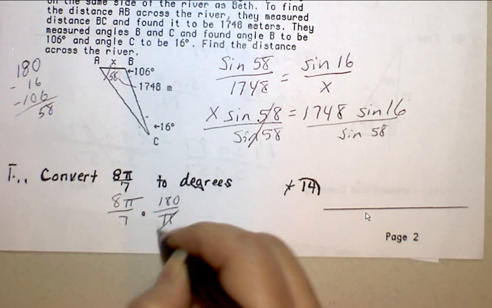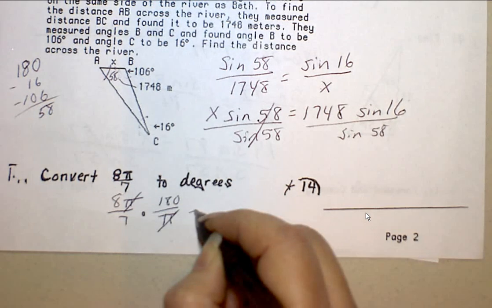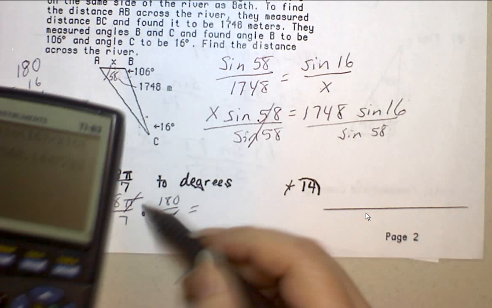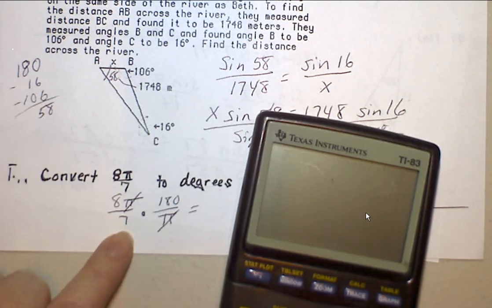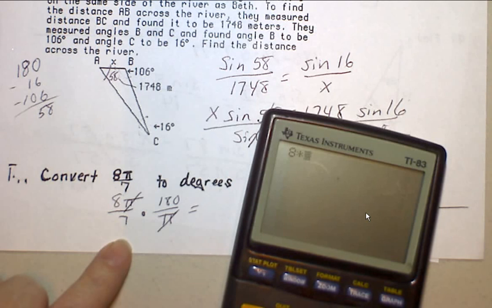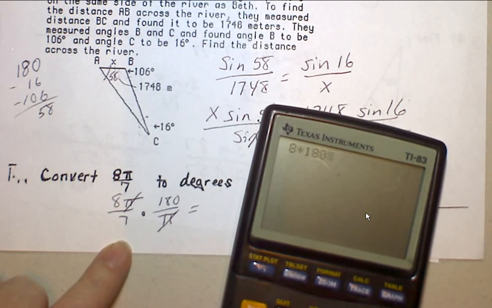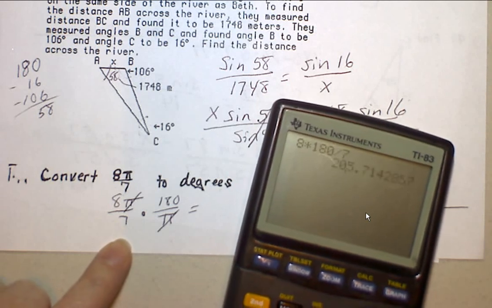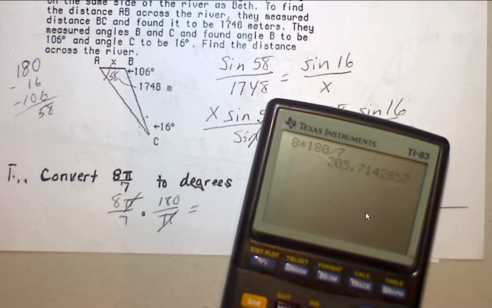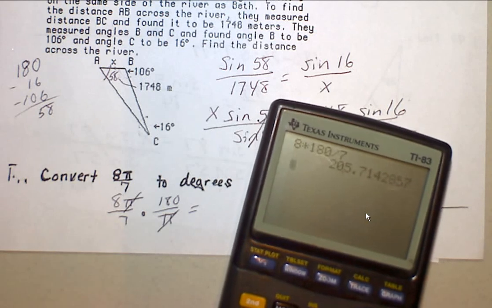My pi's cancel out, leaving me with, in my calculator, 8 times 180 divided by 7 gives me 205 degrees. Or no, 206 about.